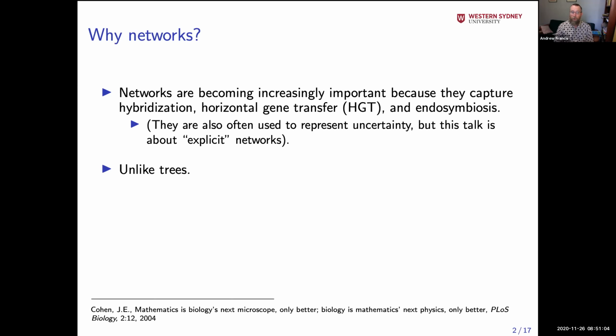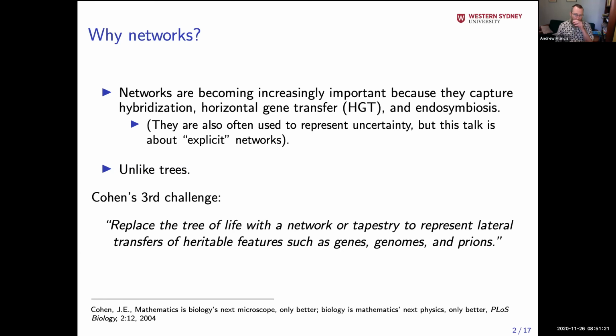There are implicit networks, for which the internal vertices are not explicit events. I think the first talk this morning was an exception, which was really interesting to see. But I'm going to be talking about explicit networks in which the internal vertices are expected to be representing a real event of some sort.